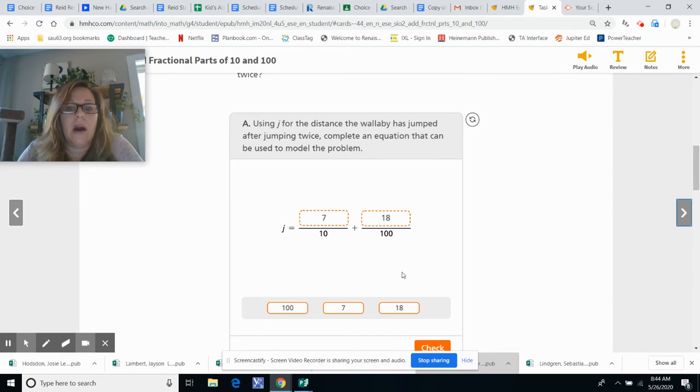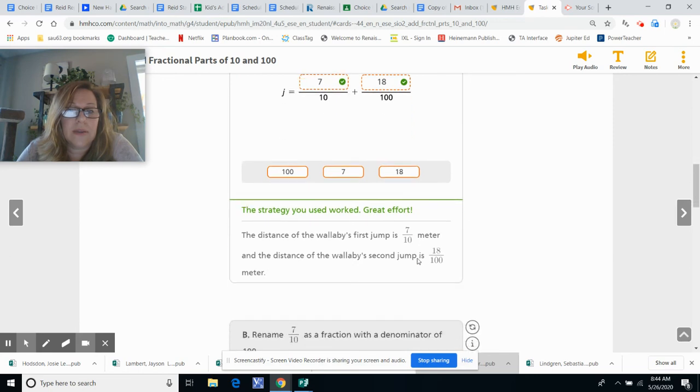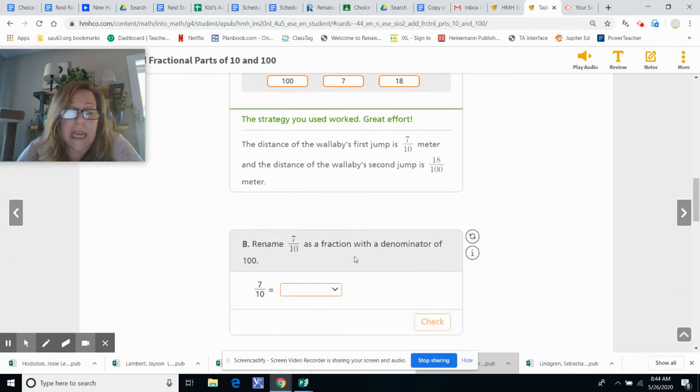So now we have our equation. But we need to rename the 7/10 fraction with a denominator of 100. So 7/10 equals what? We're going to multiply both the numerator and the denominator by 10, because 10 times 10 is going to get us to that 100.